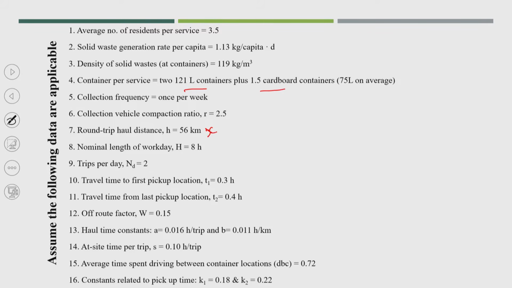The nominal length of work day H is 8 hour, trips per day ND is fixed at 2, T1 value is given as 0.3 hour, T2 0.4 hour, off route factor is 0.15, haul time constants are given, the side time is given, and the DBC value is given as 0.72 hour per trip. The constants related to pickup, K1 and K2, are also given.